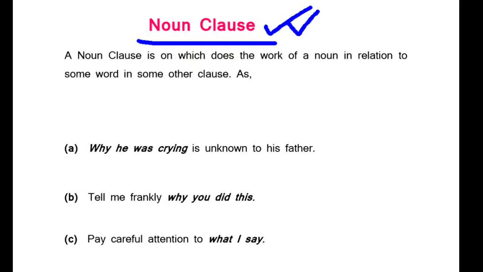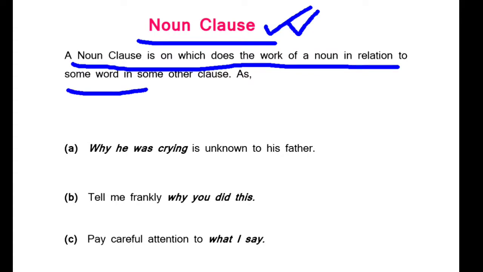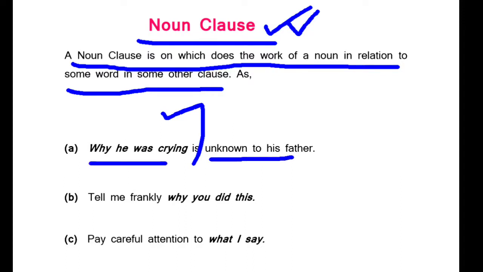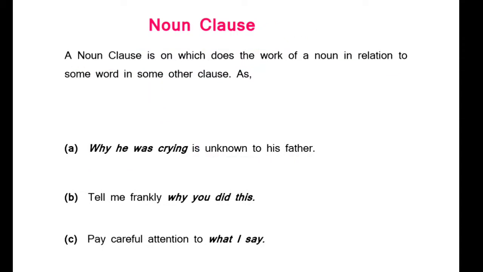In this video we will understand what a noun clause is, how it works and how we can join 2 or more simple sentences using noun clauses. A noun clause is one which does the work of a noun in relation to some word in some other clause. Basically, a noun clause does the work of a noun.